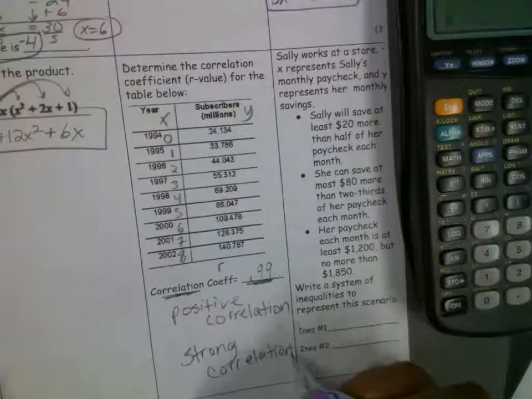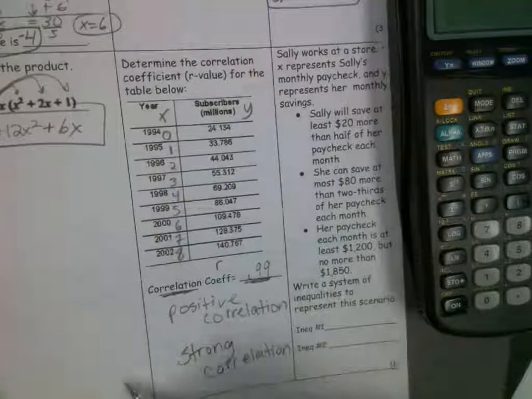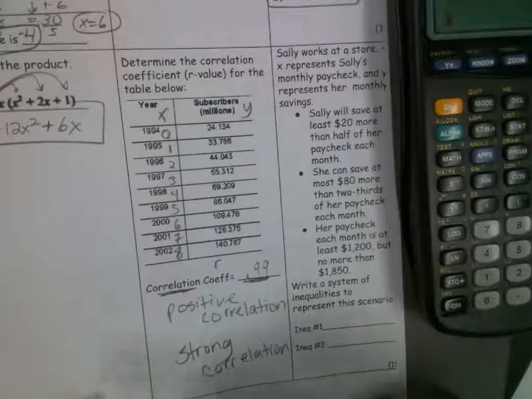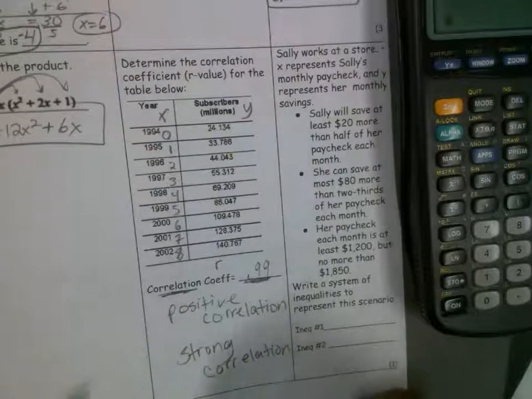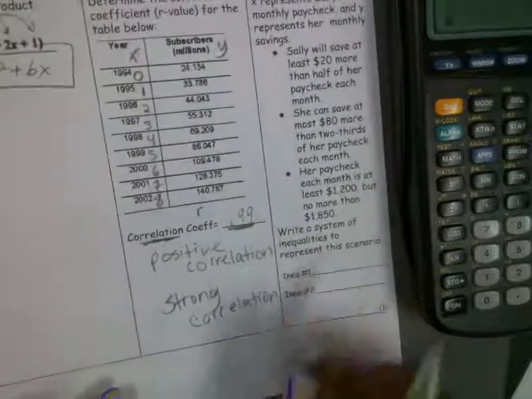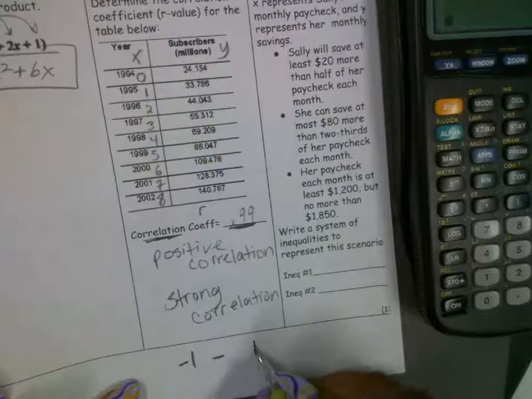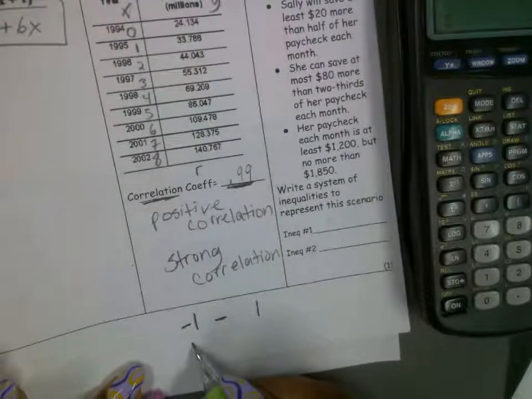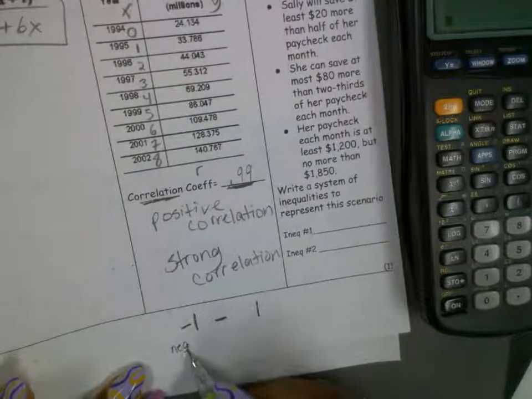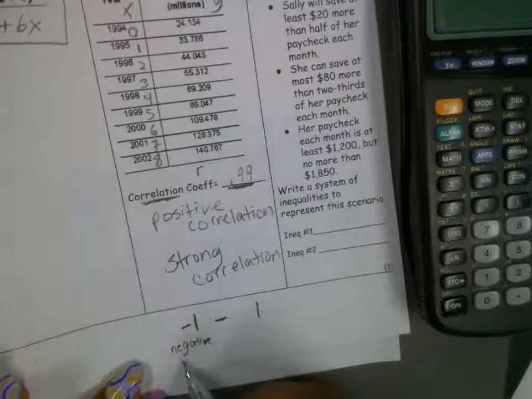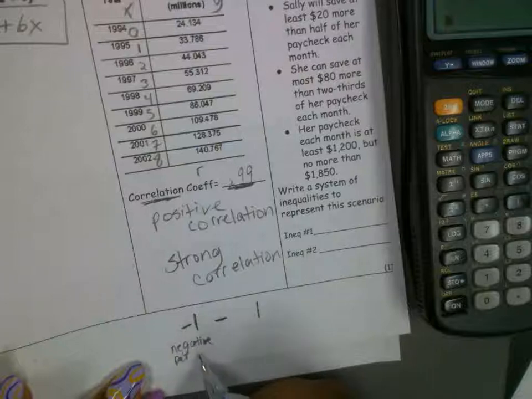If it's 1, it's a perfect straight line. If it's negative, then it's a negative correlation. If it's -1, then it's a perfect straight line. Your R is always going to be between -1 and +1. This being a perfect straight line, this is a negative slope. The line is going down, but it's a perfect straight line.